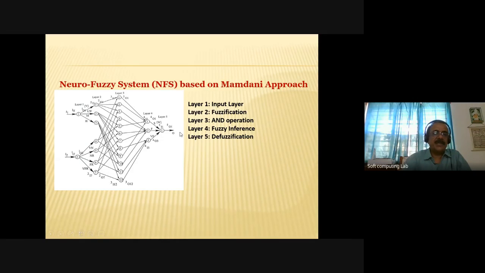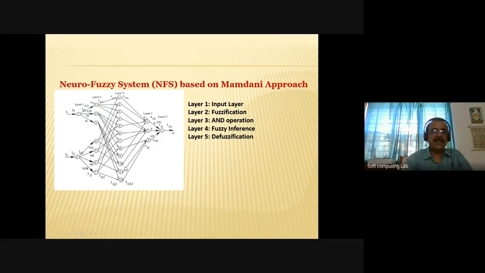So this particular network is nothing but a Mamdani approach of fuzzy reasoning tool, but it is expressed in terms of neural network so that very easily you can implement the principle of the backpropagation algorithm. That is the purpose of the neuro-fuzzy system, and once again, this can be used as a very efficient tool for input-output modeling. For example, here there are 2 inputs and 1 output.